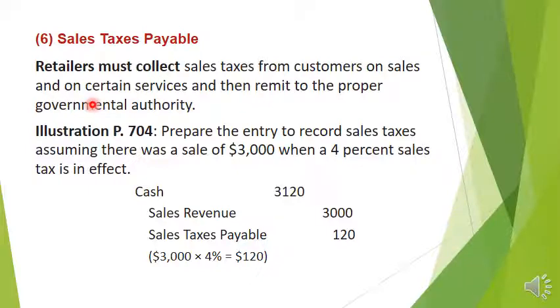The sixth type of current liabilities is sales taxes payable. Retailers must collect sales taxes from customers on sales and on certain services, and they remit them to the proper governmental authority.